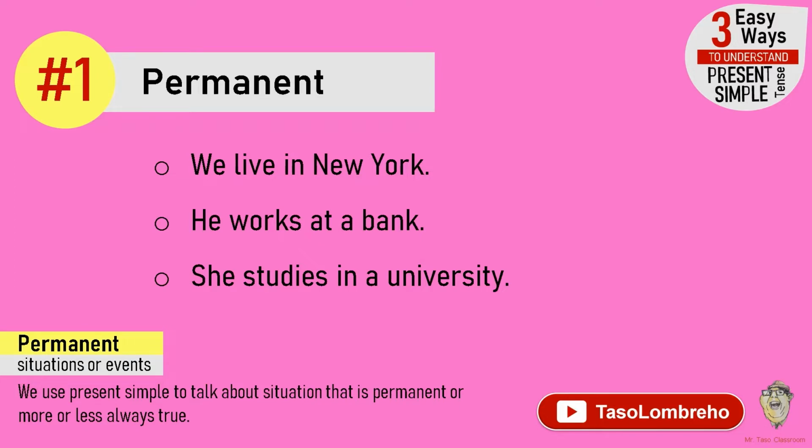So here are 3 examples. We live in New York. He works at a bank. She studies in a university. So those are the permanent events or situations in which you need to use present simple.